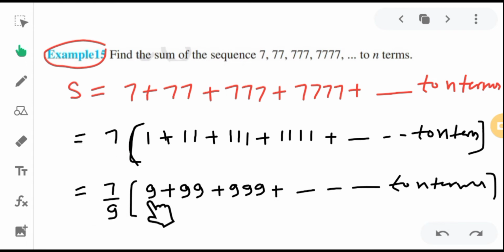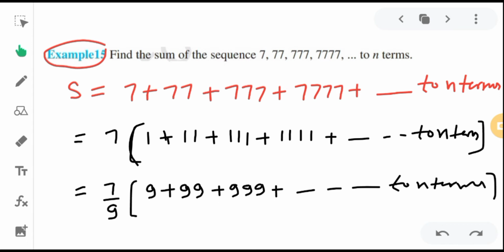Now this is also not in AP, not in GP, so we cannot directly apply the formula, because we know the AP and GP formulas for the sum of n terms, but this is neither in AP nor in GP.